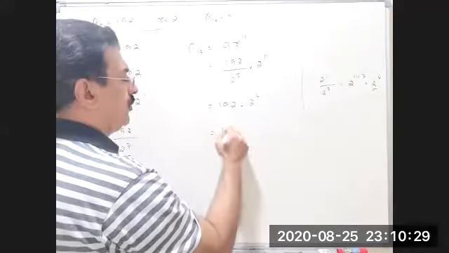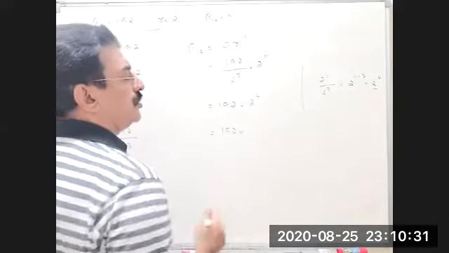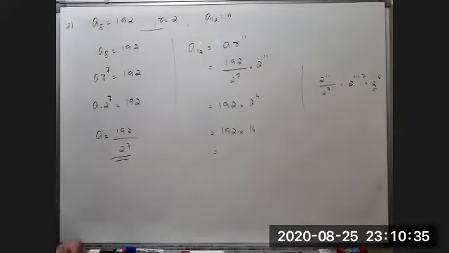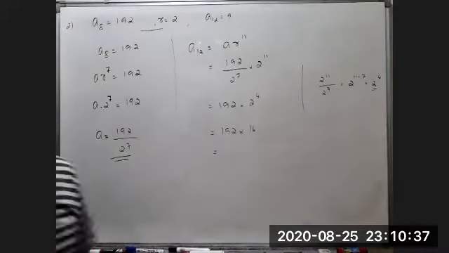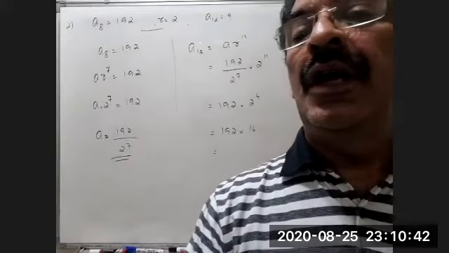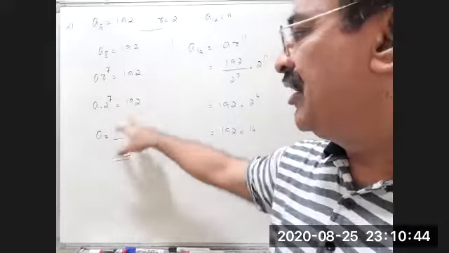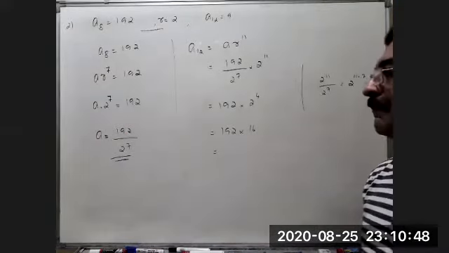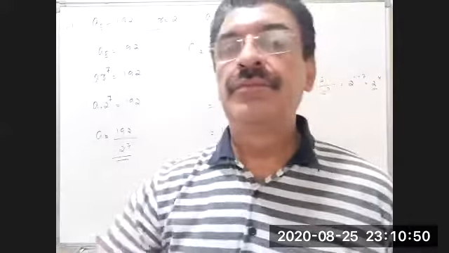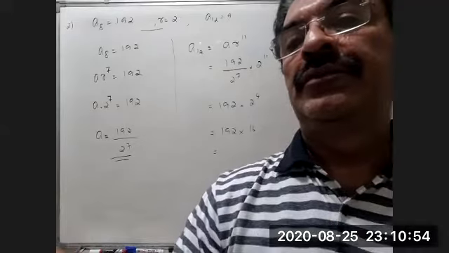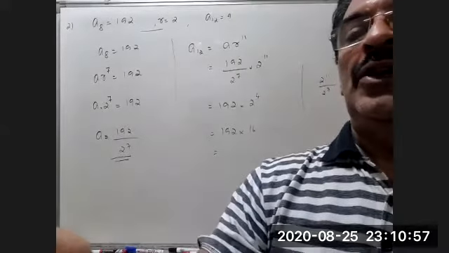So it is 192 times 2 raised to 4, which is 16. Keep it as a fraction, no problem. Complete it. The answer is 3072.